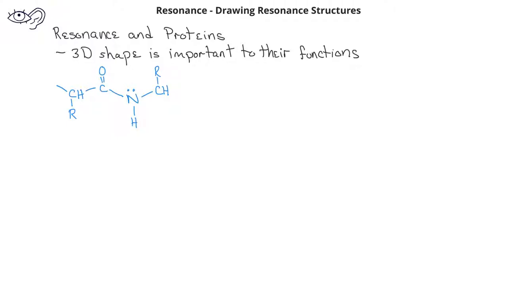This carbon-nitrogen bond is called a peptide bond. When we notice that the carbon double bonded to the oxygen is also bonded to a nitrogen that has a lone pair of electrons, we'll learn that we could write a different resonance form for this peptide bond.